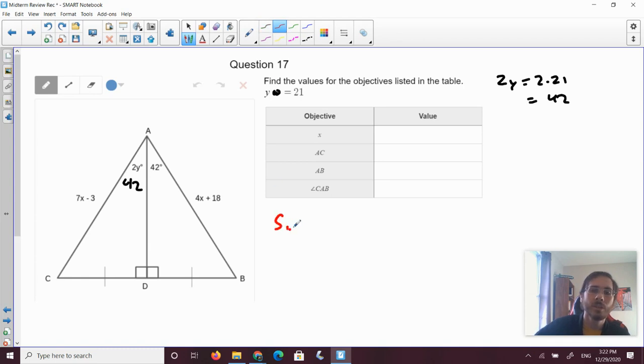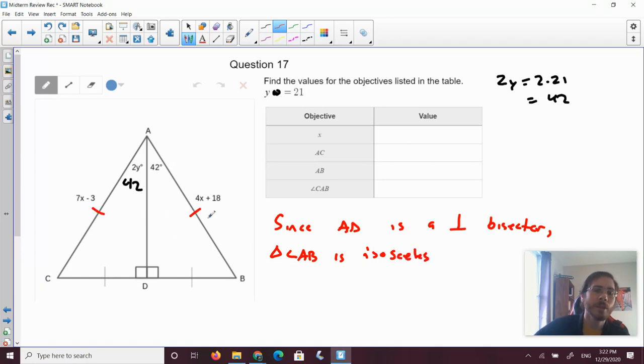So since AD is a perpendicular bisector, triangle CAB is isosceles. So that means that these two sides have to be the same. These two angles are the same.